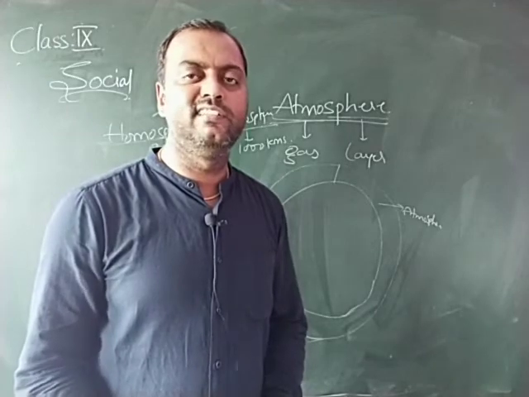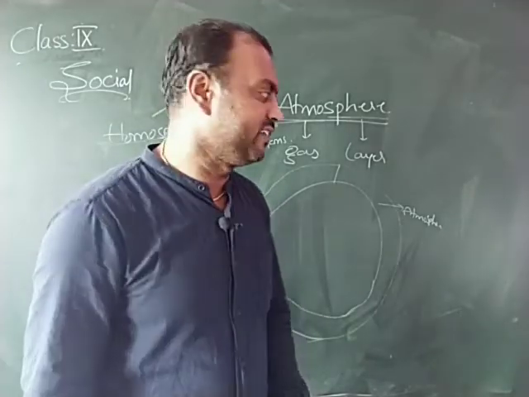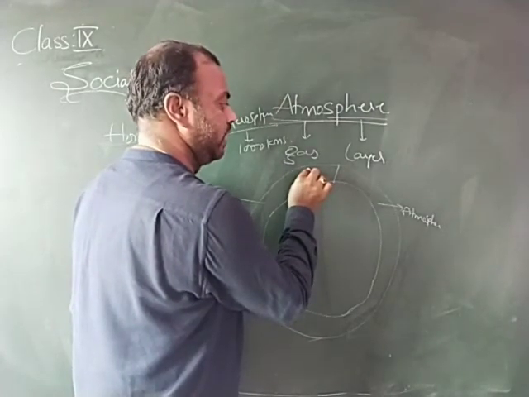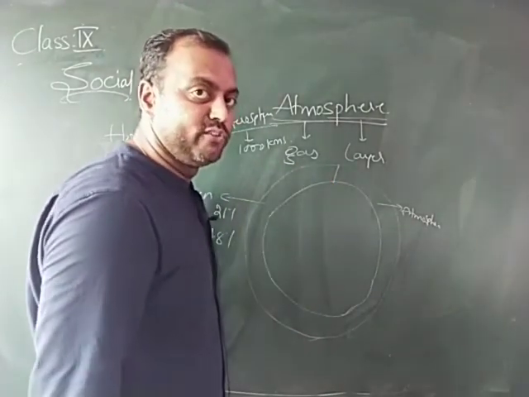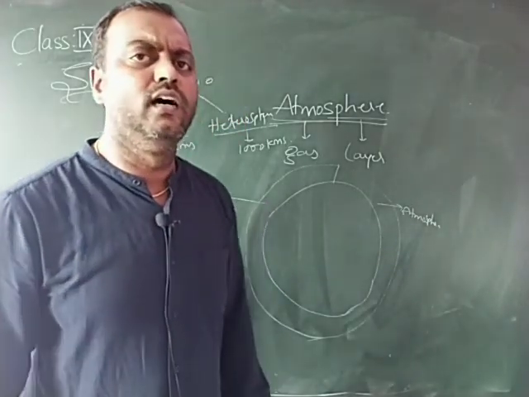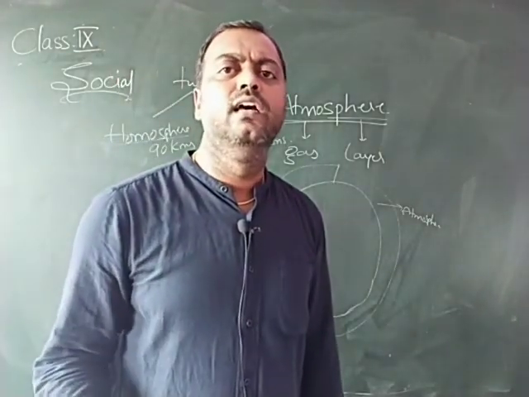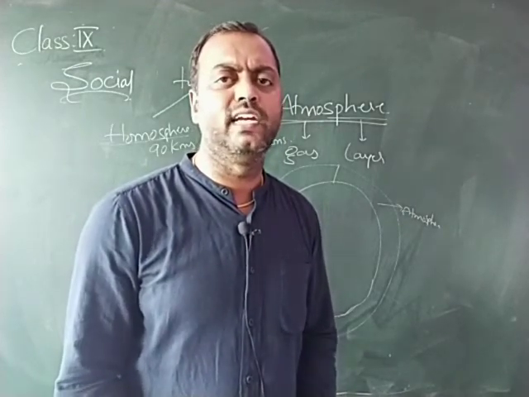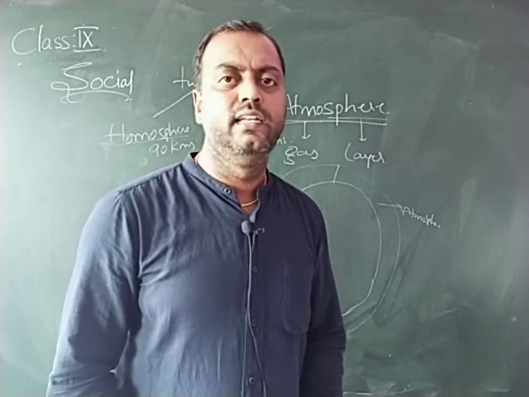In the next class we shall see from the earth surface for how many kilometers it is a homosphere and for how many kilometers it is heterosphere, and where the rains and other astronomical movements take place and how they take place in these atmospheric conditions. Let us see in the next class, children.